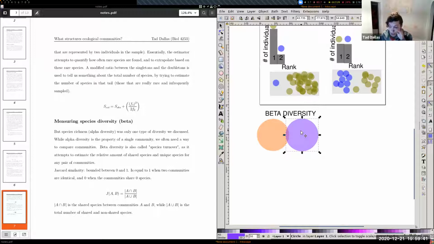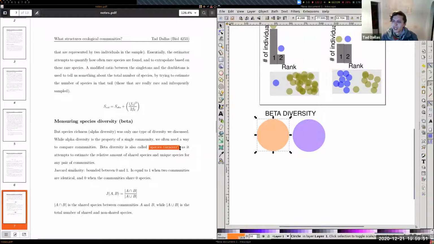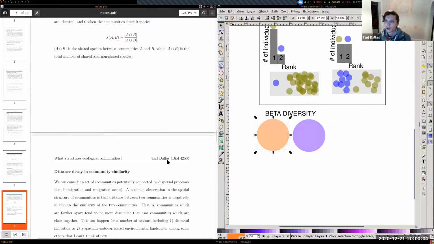And what we want to do is compare these 2 communities and say how dissimilar or similar they are. This is sometimes also referred to as species turnover, though species turnover makes more sense in a temporal way. We'll maybe say it when we talk about succession, which I may shift to another lecture.